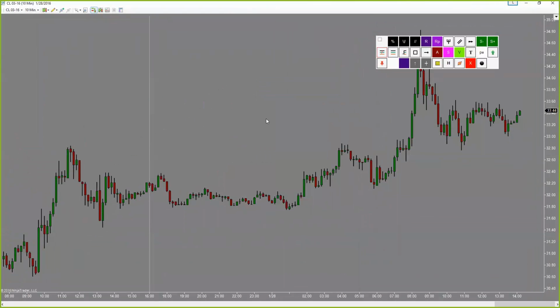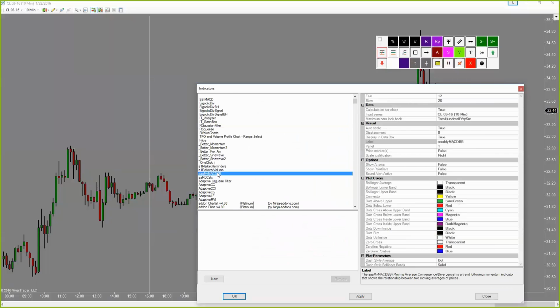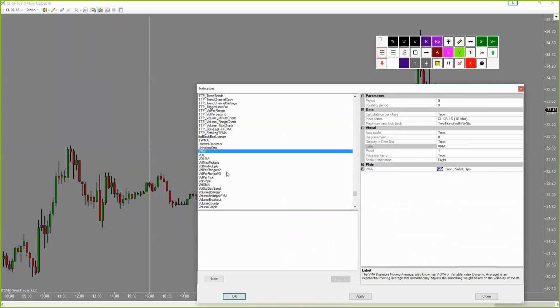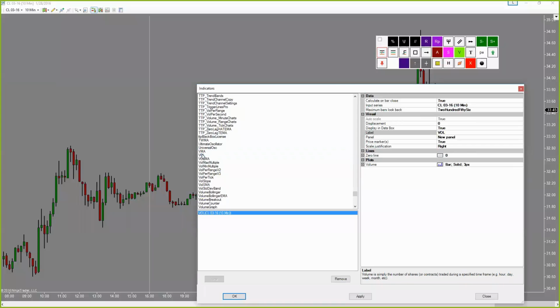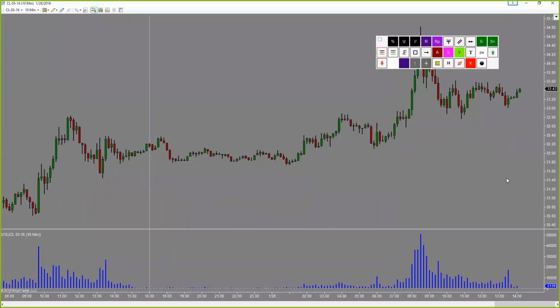So if you know anything at all about volume analysis, you know that there is a kind of seasonality to volume. So obviously we have very low volume trading in the overnight, very high volume right at the open, and then we have a little bit of a lull during the lunch hour, and then it picks back up again near the close.